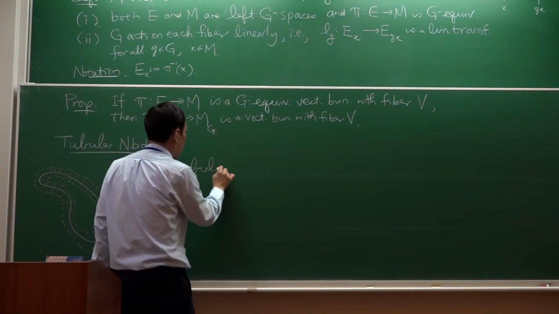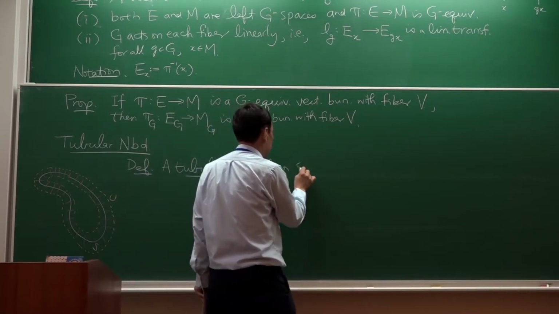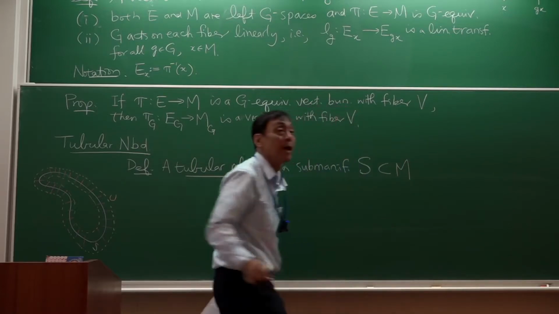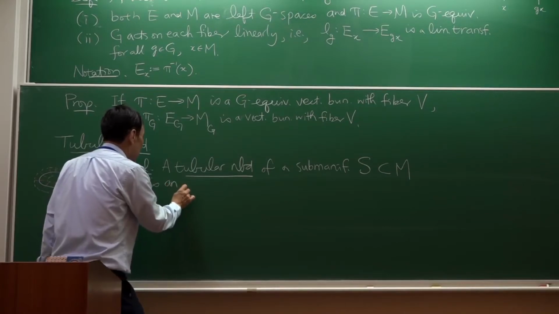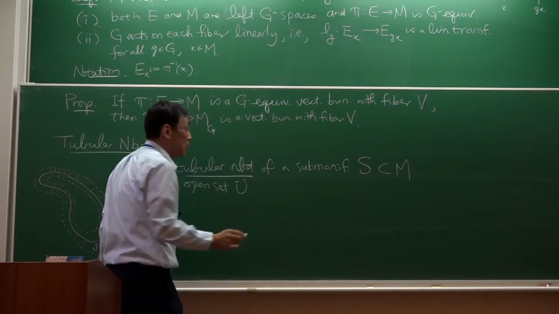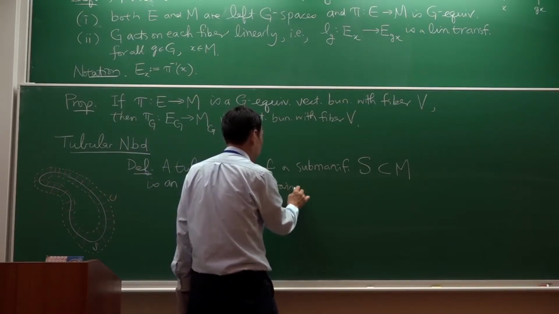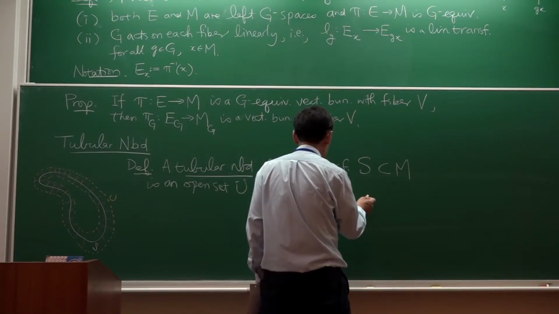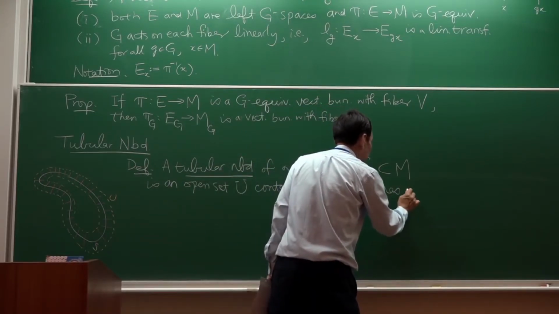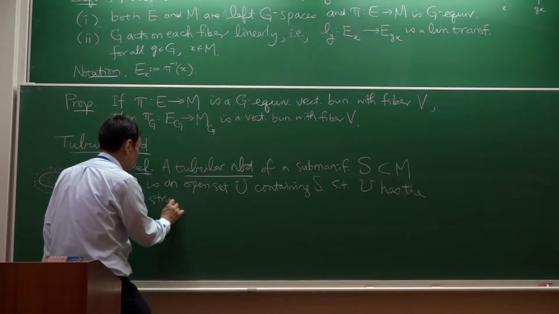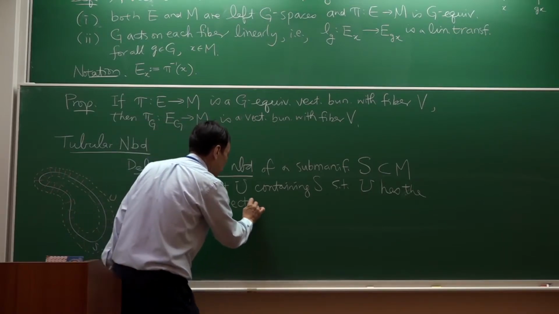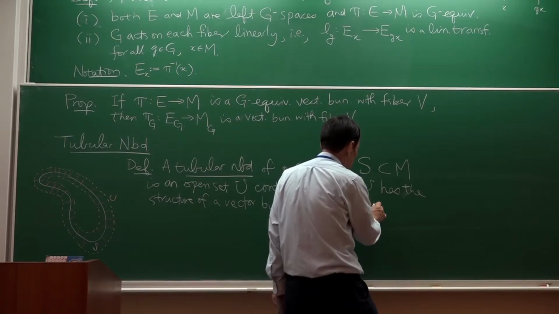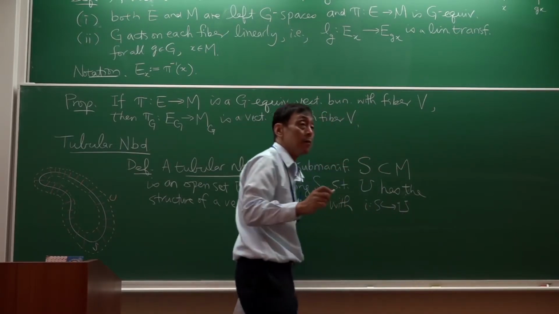A tubular neighborhood of a submanifold S in a manifold M is an open set U containing S. So it's an open neighborhood of S such that U has the structure of a vector bundle over S with the inclusion being the zero section.